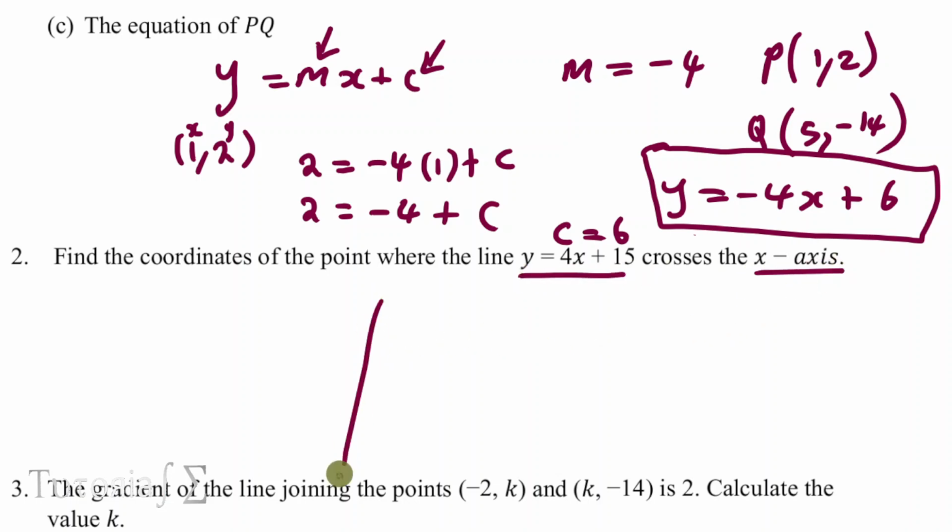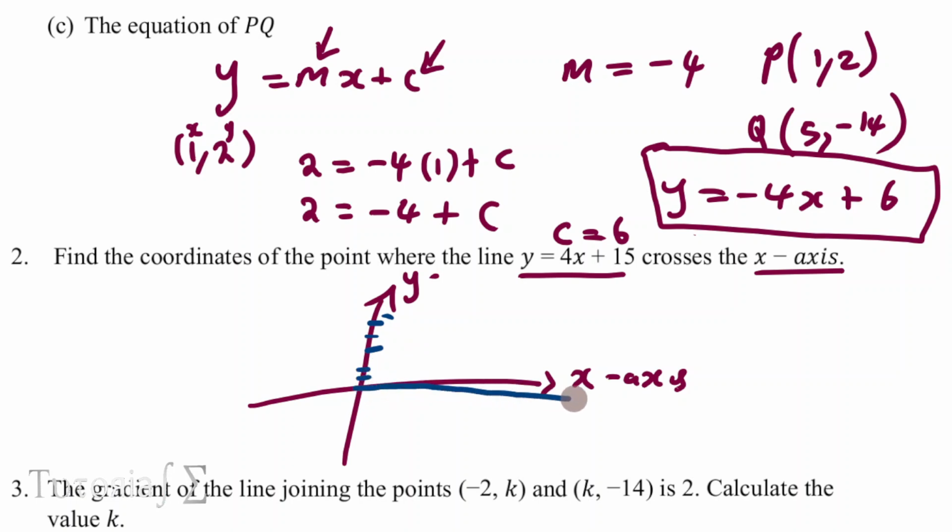So now, on your x-y plane, this is the x-axis, and this is your y-axis. Now, how coordinates work for counting, we count the y's going up, meaning that at this point, y is equal to 0.